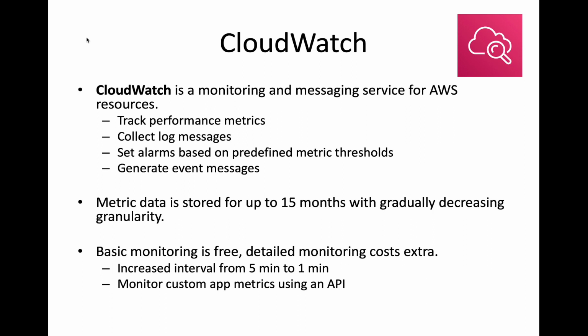But then over time, that metric data becomes less and less granular. You won't be able to see data on a 5-minute interval. It'll be data on a minute-by-minute interval, or 5-minute interval, or hourly interval. So it becomes averaged over time and less granular over time as well.